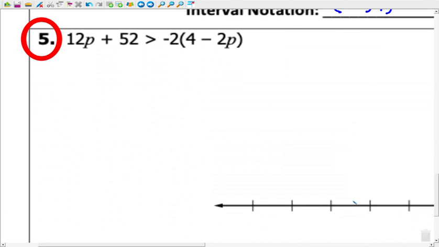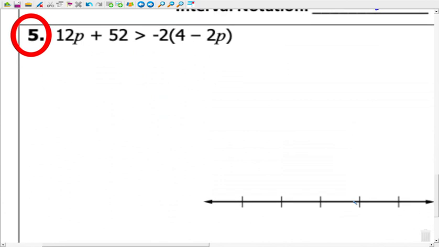Number 5. I first have to distribute my negative 2 to both of my terms in my parenthesis. This means I'm going to bring down my 12p plus 52 for my initial step and my inequality symbol. I will now have negative 8 plus 4p. Get my numbers on the same side, my variables on the same side.